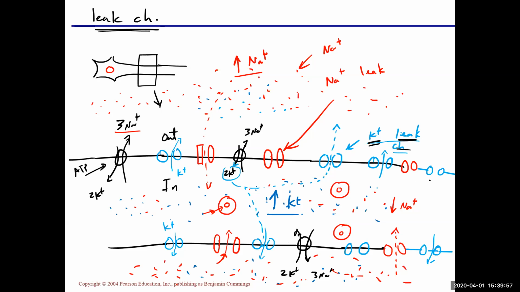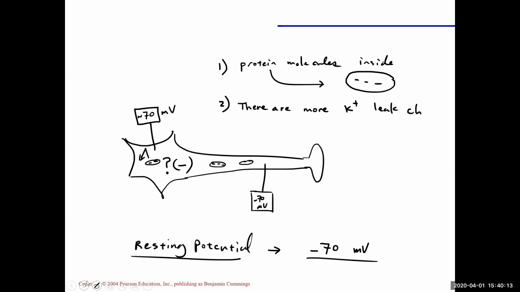And again, when we draw it, we draw more of them compared to the red one. It looks like we got 8 of them in this case: 1, 2, 3, 4, 5, 6, 7, 8. This is not really a correct proportion. Just know that there are more potassium leak channels.